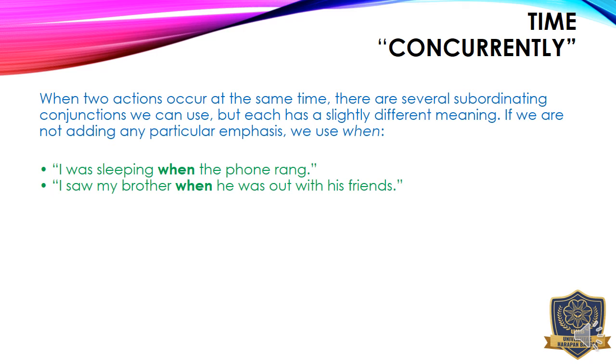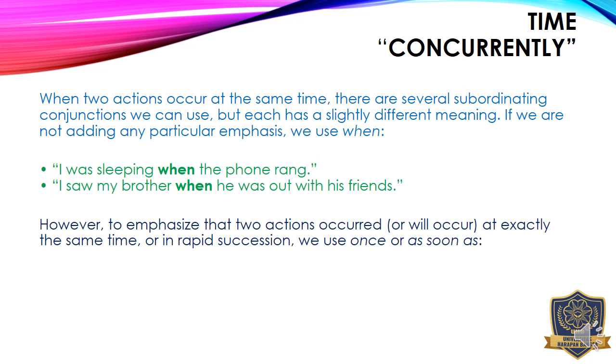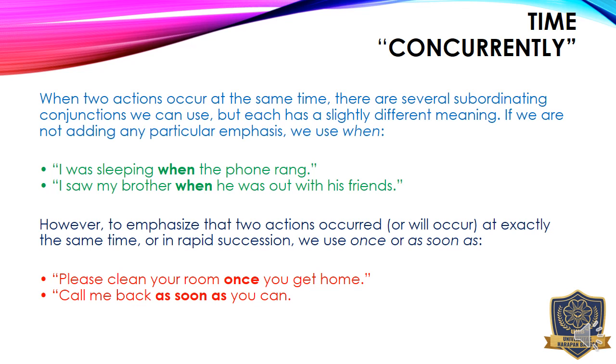I saw my brother when he was out with his friends. However, to emphasize that two actions occurred or will occur at exactly the same time or in rapid succession, we use once or as soon as. Please clean your room once you get home. Call me back as soon as you can.